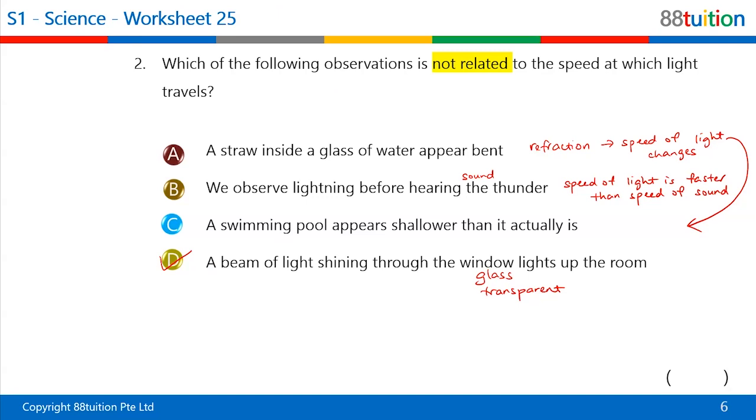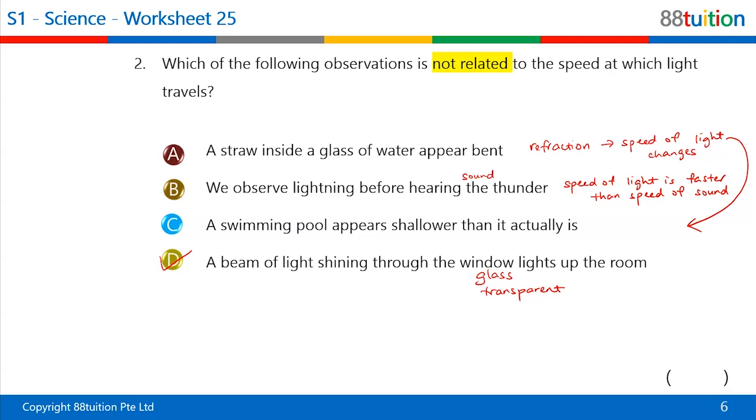Sure. But the fact that light can pass through the window and light up the room tells us that the window is transparent, isn't it? So light can pass through. So has it got to do with the speed of light? Actually, no. So the answer should be D. I will make sure the portal has it changed.